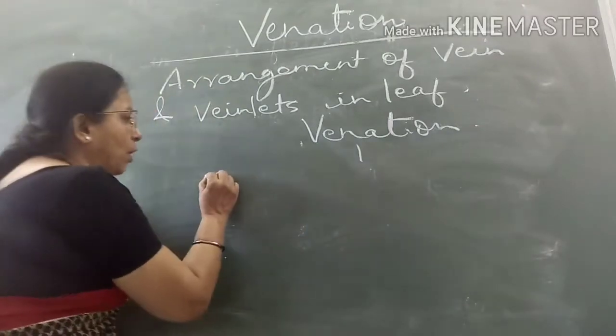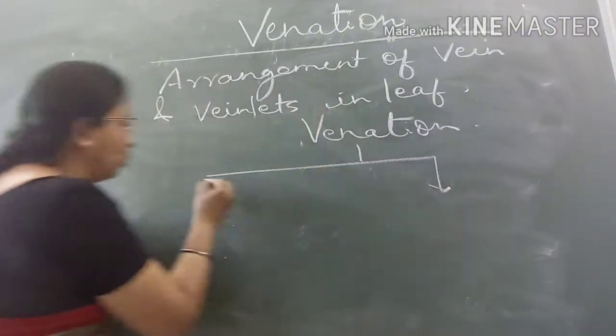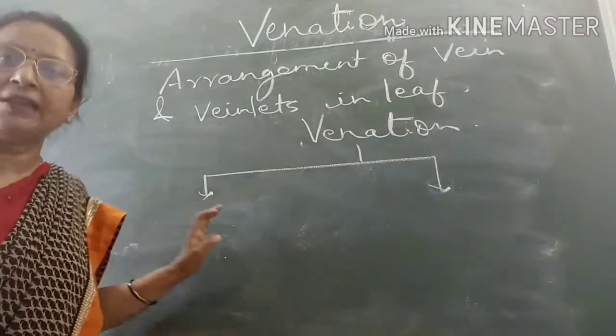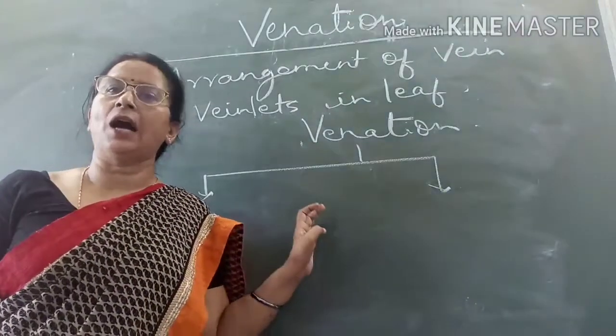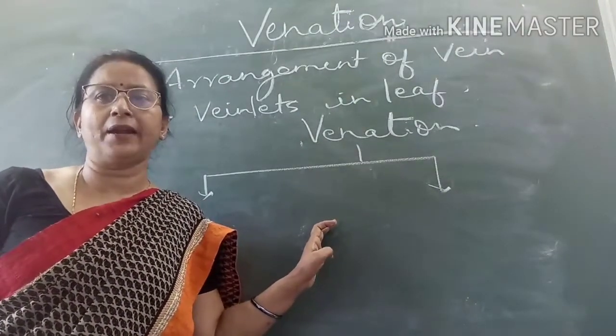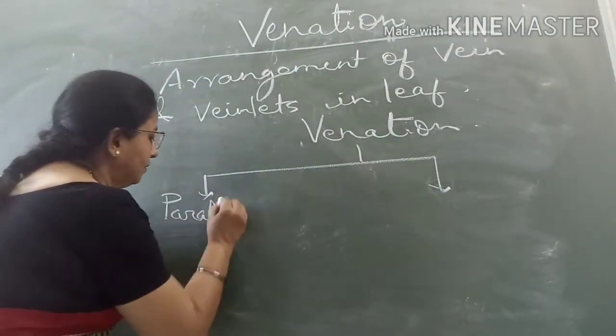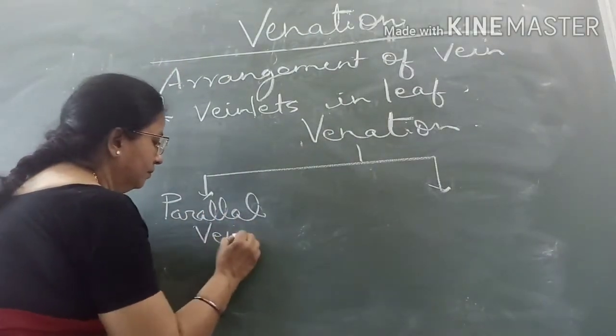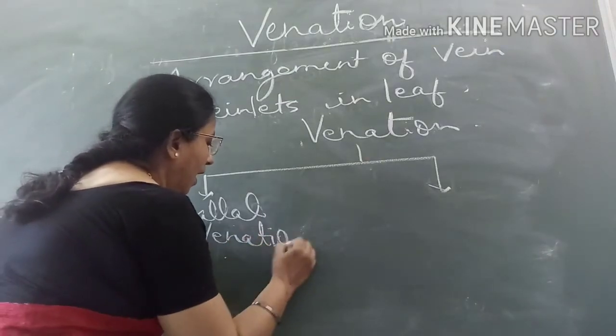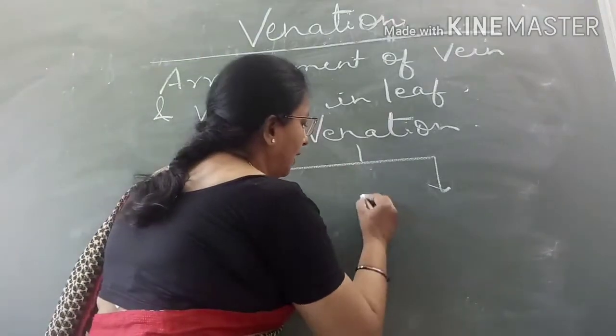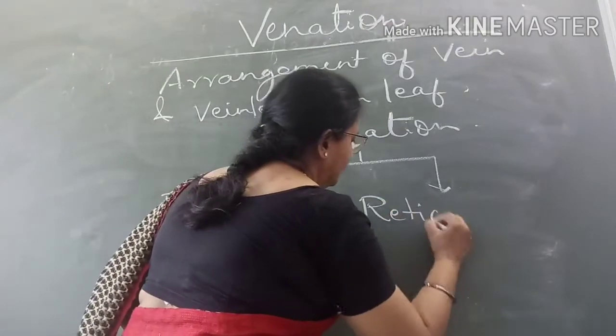Venation can broadly be divided into two types on the basis of the different arrangement of veins and veinlets. It is parallel venation and the second one is reticulate venation.